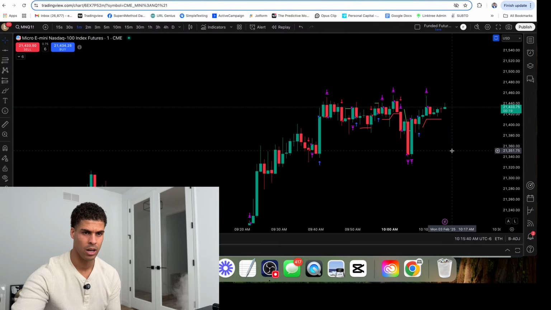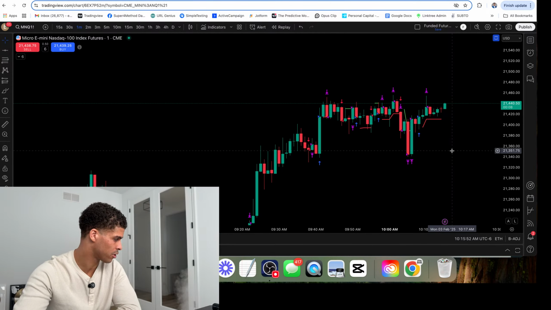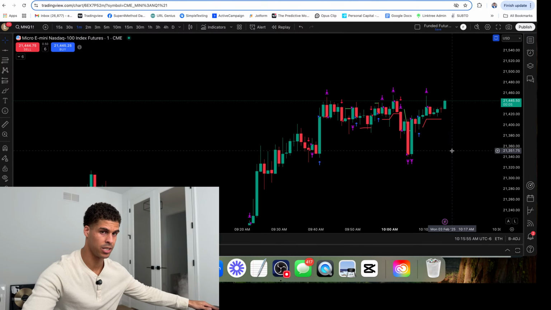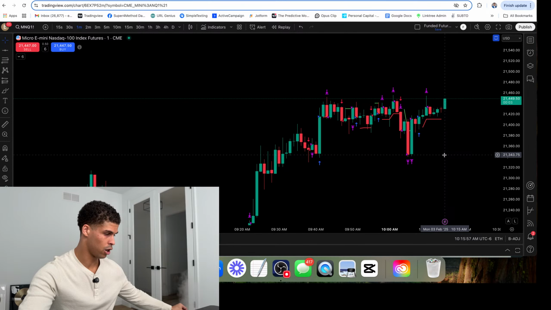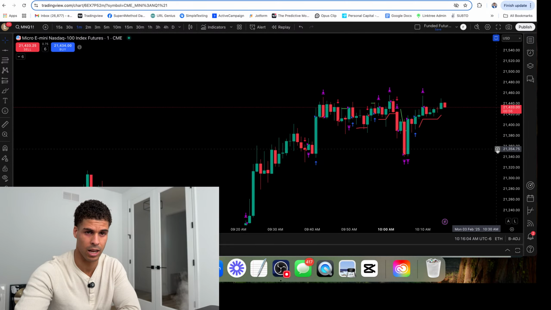We could transition this eventually down to two full NQ contracts. That'd be nice, but we'll have to do that right now. But in the afternoon, we probably will, if price settles down and we get the ATR to go back below, I don't know, 15 or something. 8, really. If it's not below 8, 15's a lot.